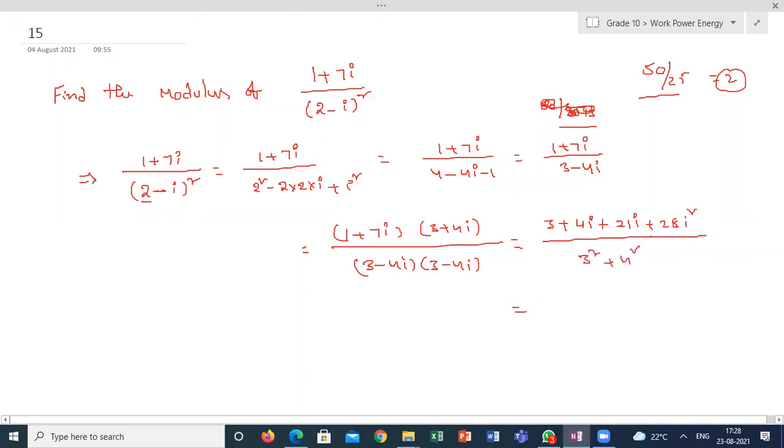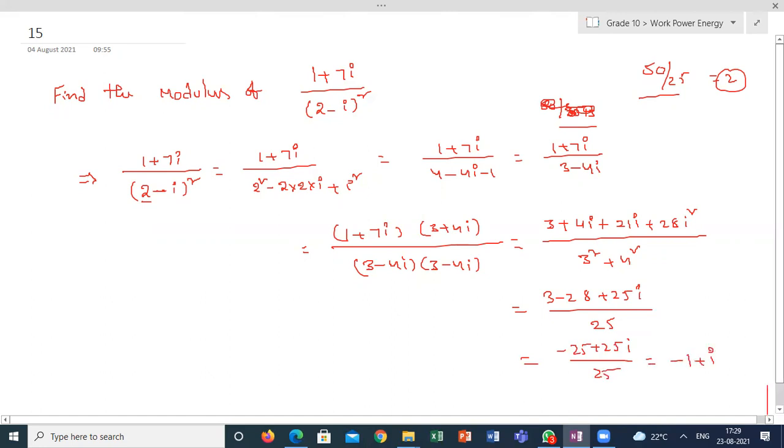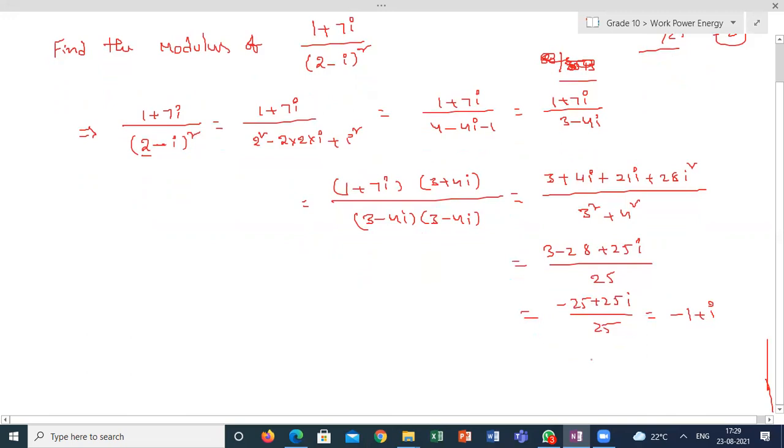This will be 3 minus 28 plus 25i divided by 25, which is minus 25 plus 25i by 25. So minus 1 plus i. Am I right? Yes, sir.